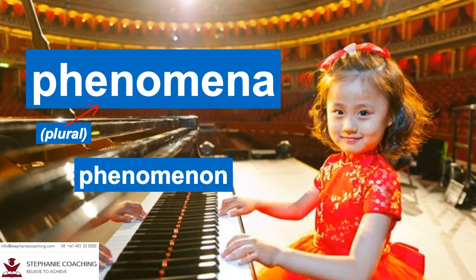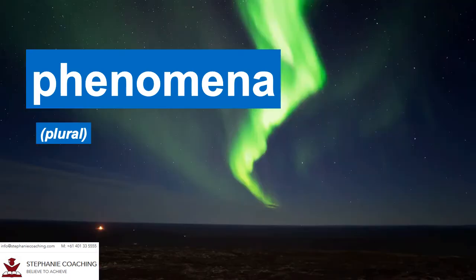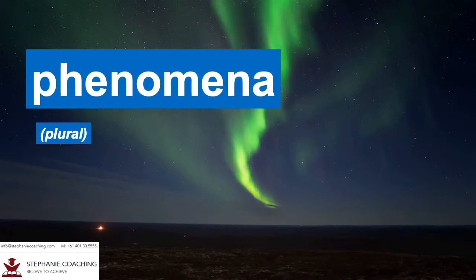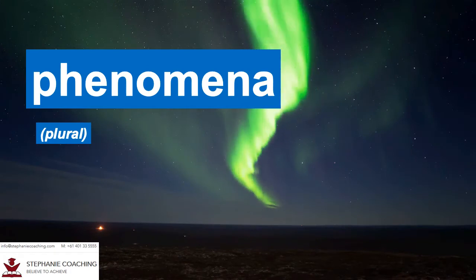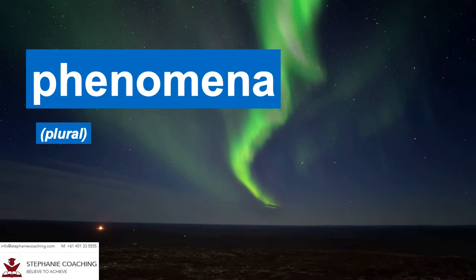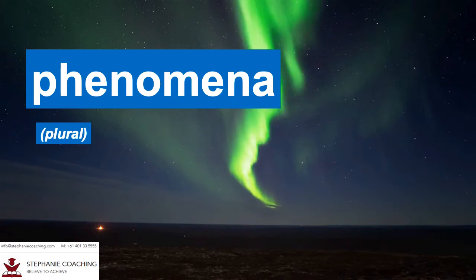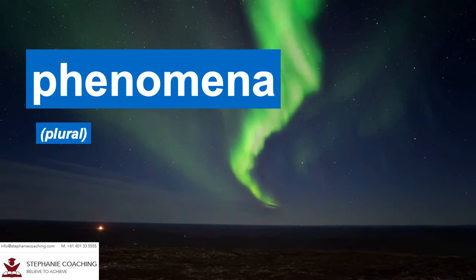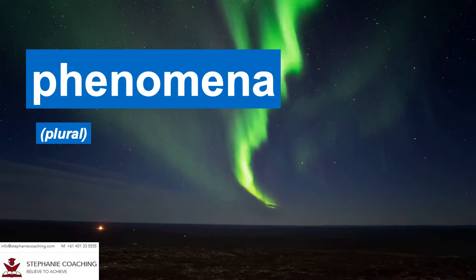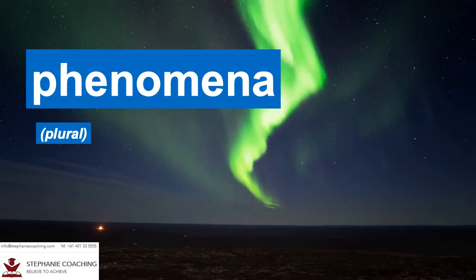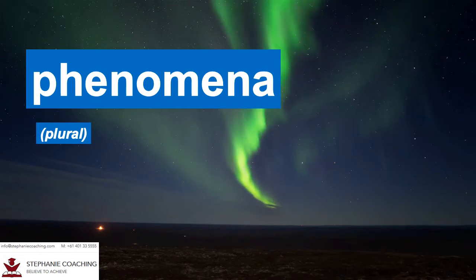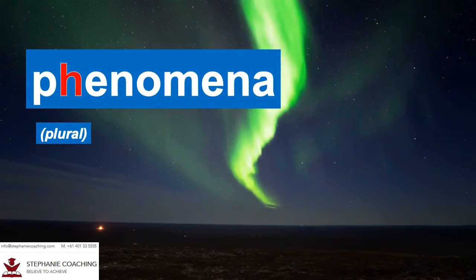In this context, phenomenon is singular as it's referring to the 4-year-old girl. Another example is, aurora is one of the most fascinating yet beautiful natural weather phenomena that we see here on Earth. In this context, phenomena is plural, as it refers to many weather events. Don't forget the letter H.